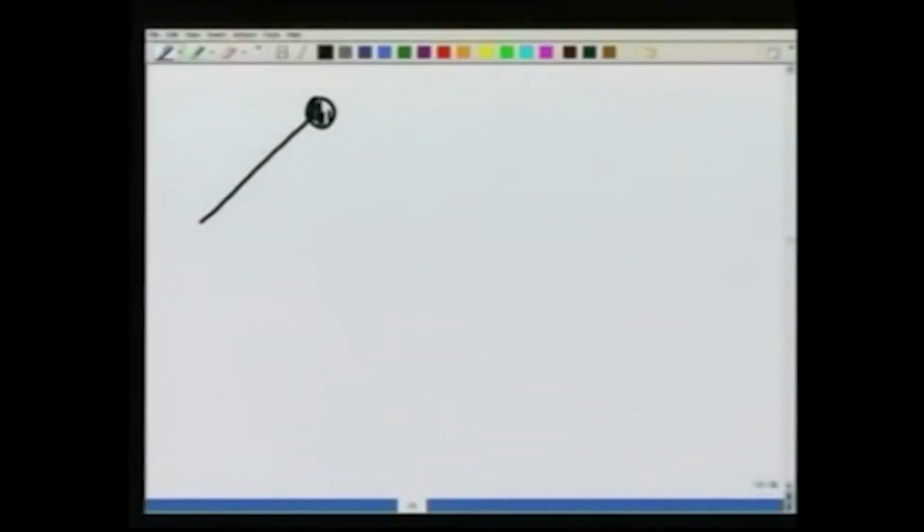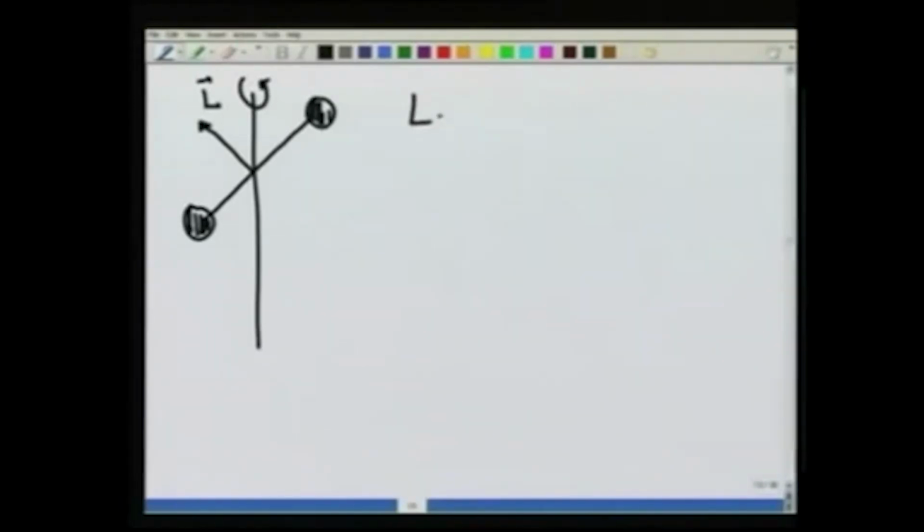There is another way of looking at it. The same body, when it is in the plane, L, we had seen, is like this, and the body is rotating like this. L has two components. Let me call it L vertical, which is along omega, and L horizontal.